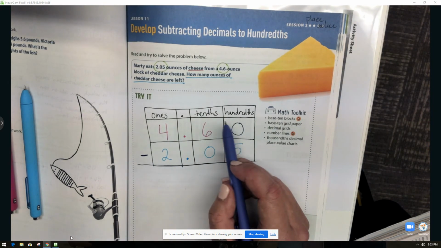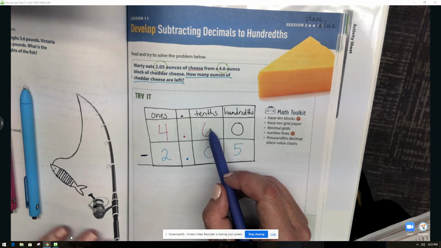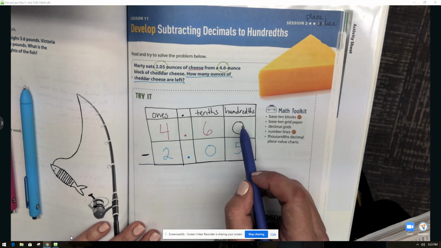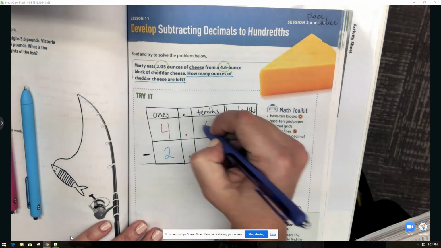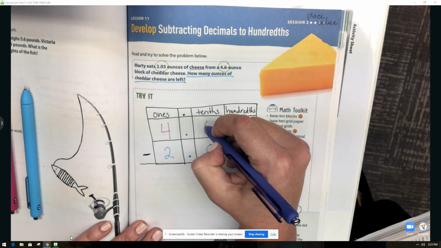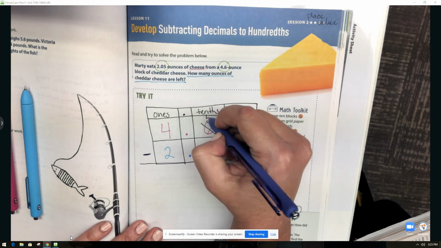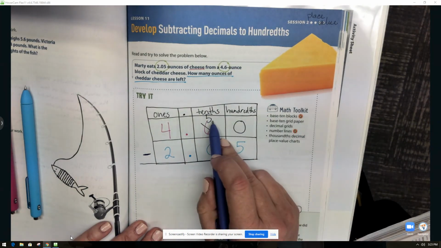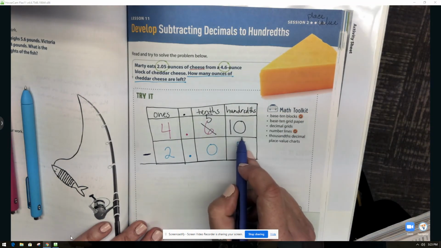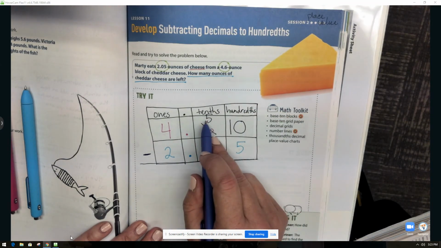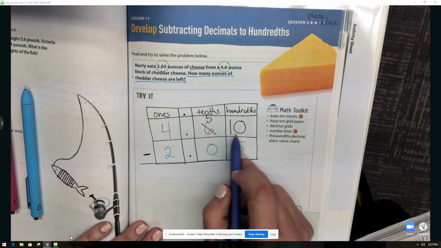I need to take one of these tenths and put it over here as a hundredth. So if I cross out these tenths and make this a 5/10, I'm going to make this number over here 10 hundredths. So 1/10 is 10 hundredths.